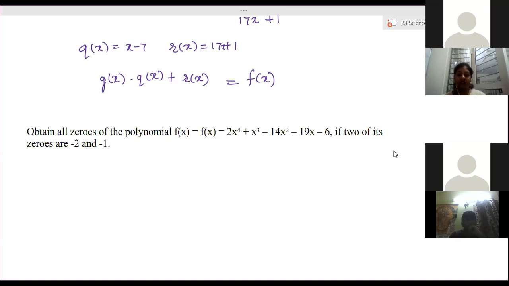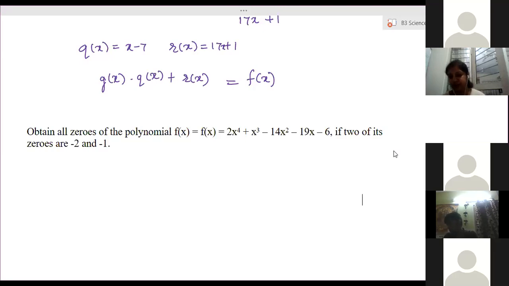For finding the three factors of a cubic polynomial, how to find the first factor? First we try the trial and error method. Substituting the value of x, you should get the answer 0. Like that, one of the zeros you calculated, then that was your factor. Then you divided the polynomial by that factor. Then you got a quadratic polynomial. You factorized it, then the remaining two factors you got.